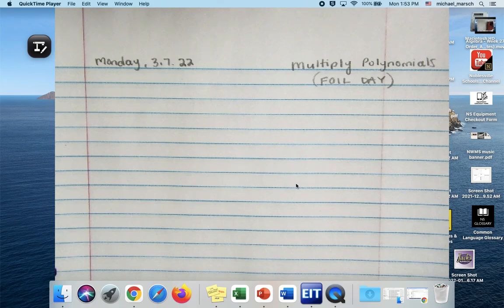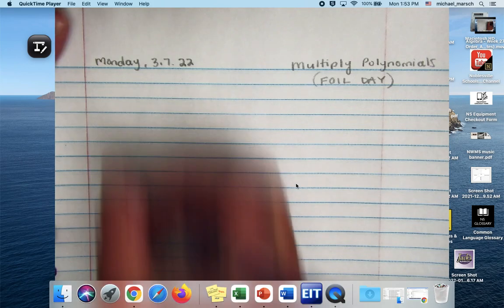Using the FOIL method. So let's refresh our memories.